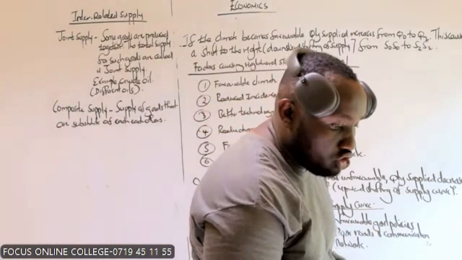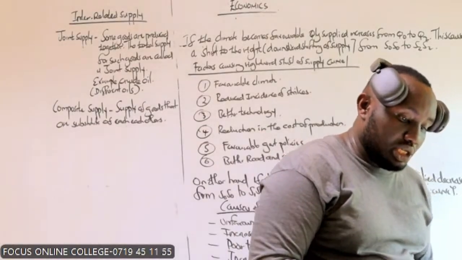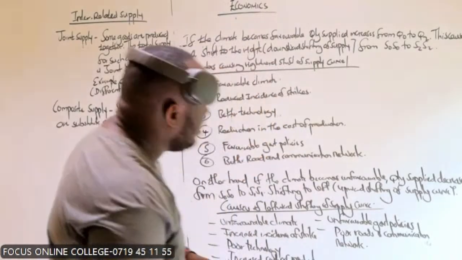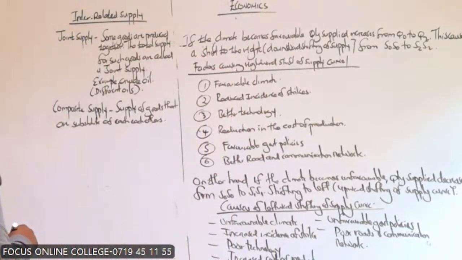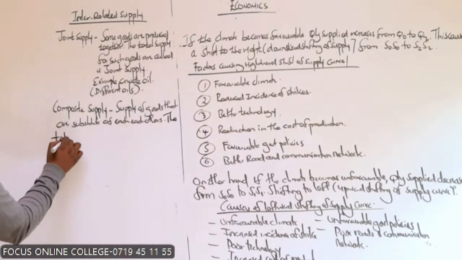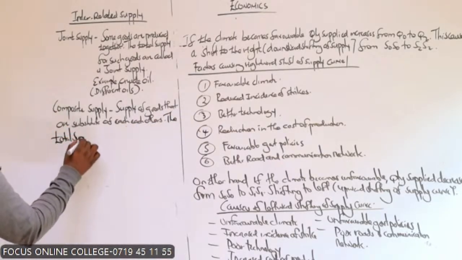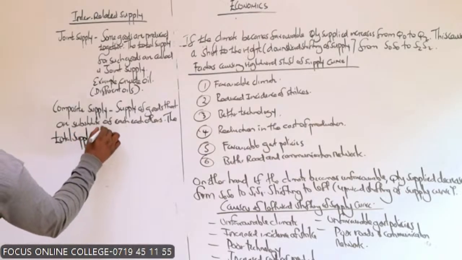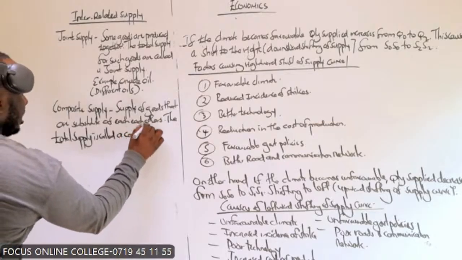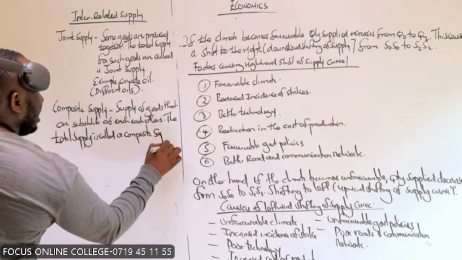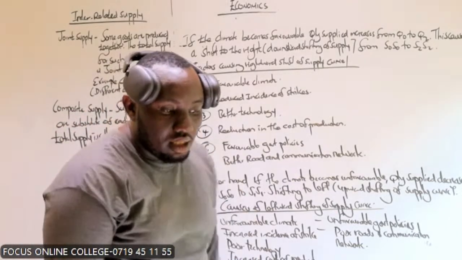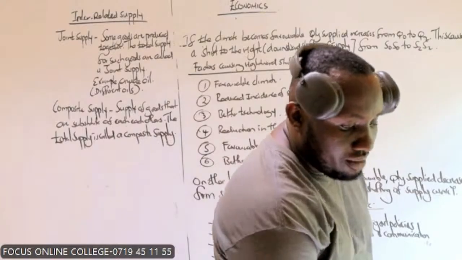So the total supply of goods that are substitutes of each other is called a composite supply.